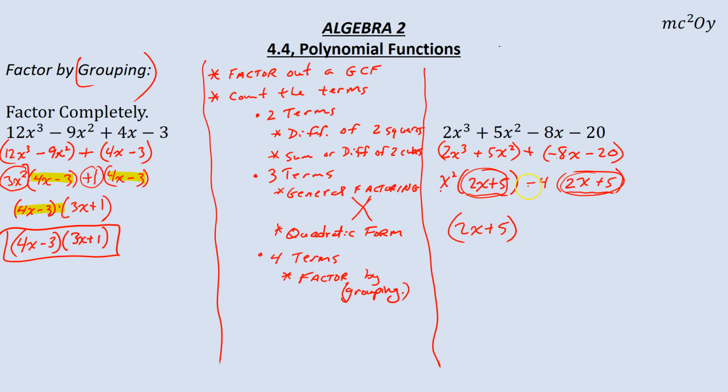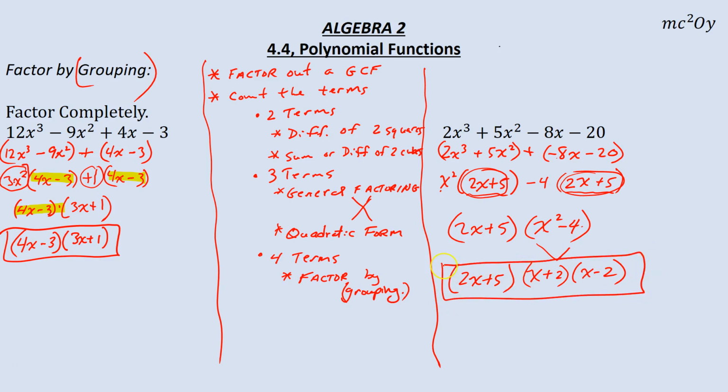Remaining, x squared minus 4. Now, hopefully you recognize, whoa, x squared minus 4, that's difference of two squares. That means I've got to change this piece to x plus 2 and x minus 2, the difference of two squares. And then this 2x plus 5 comes down. You have now factored it completely.